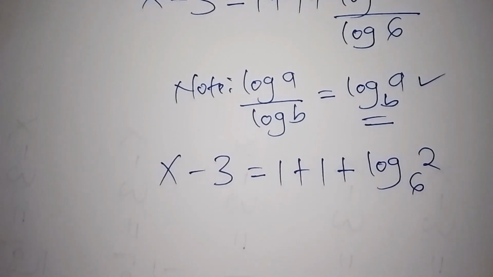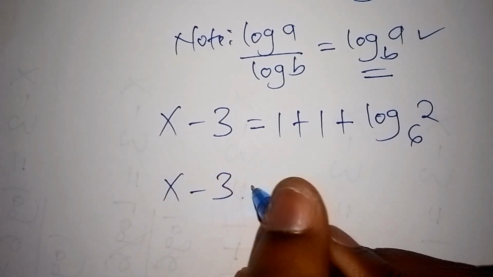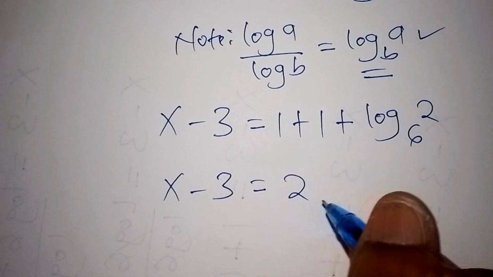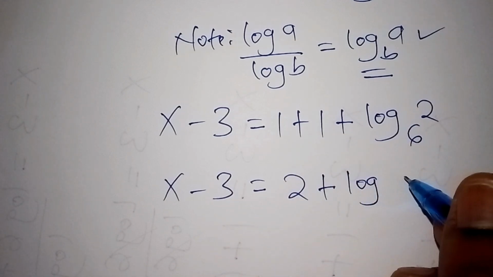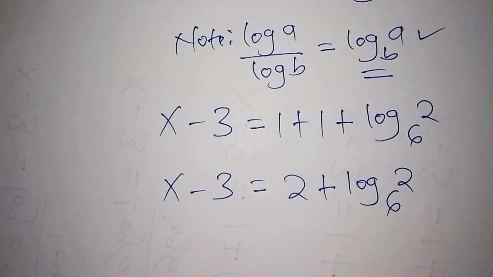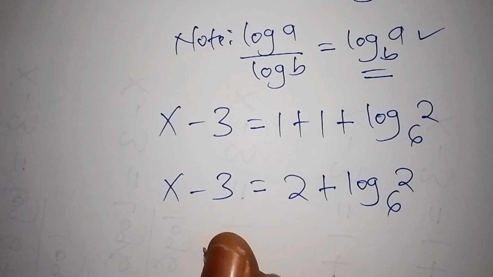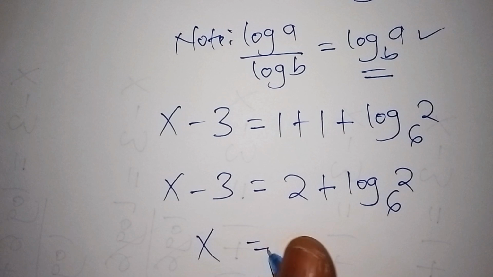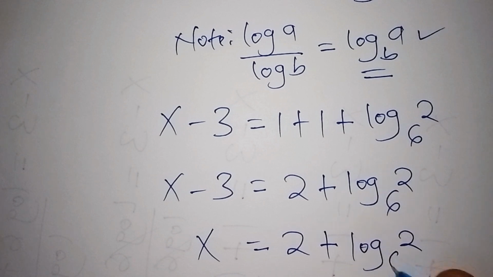So let's simplify it. 1 plus 1 is 2, plus the log of 2 to the base of 6. So let's remain with x on this side by doing away with the negative 3. The final value for x is equal to 2 plus the log of 2 to the base of 6.